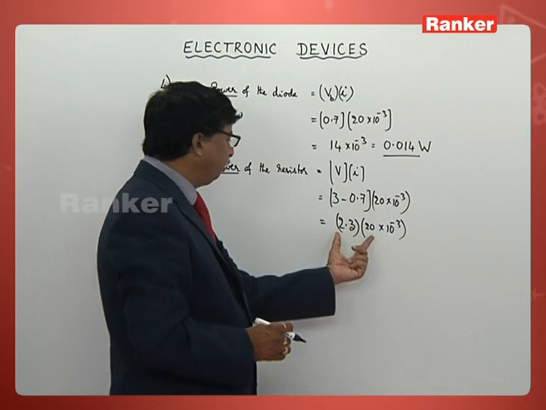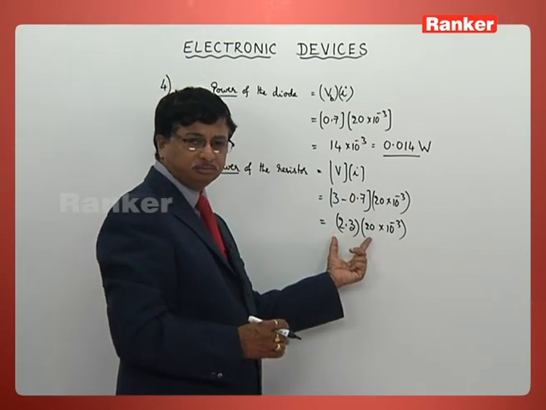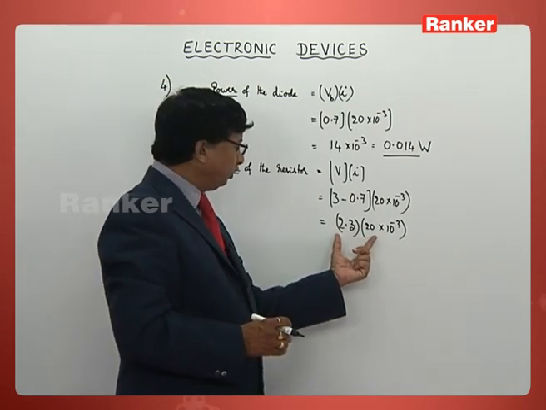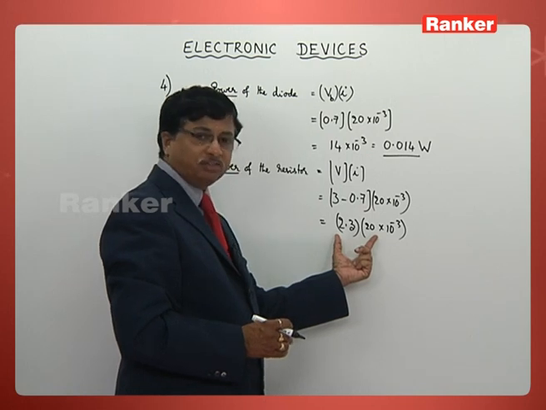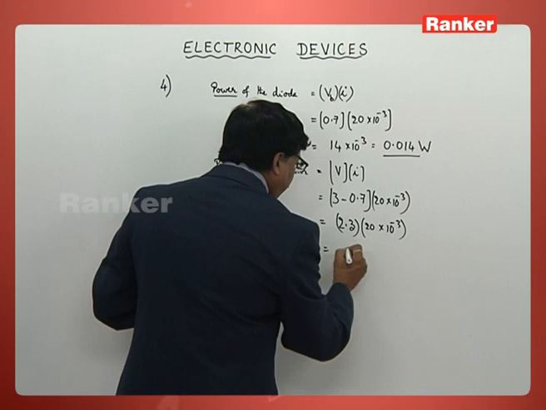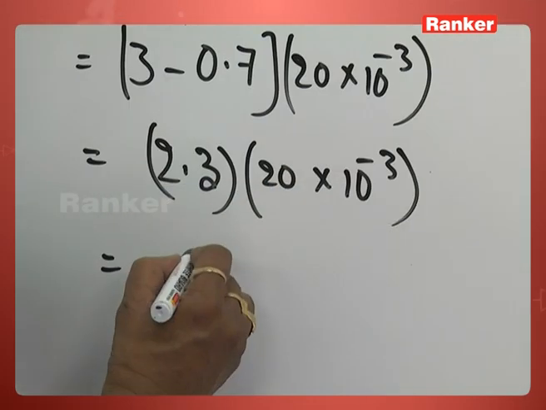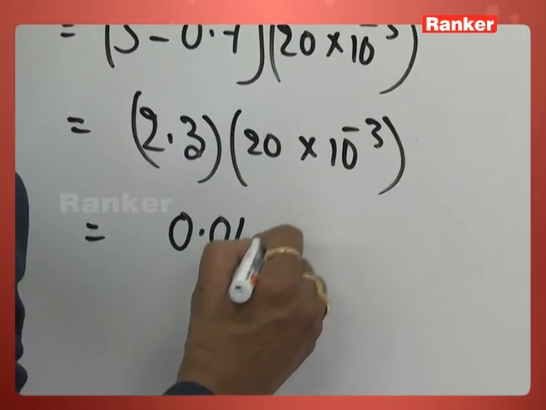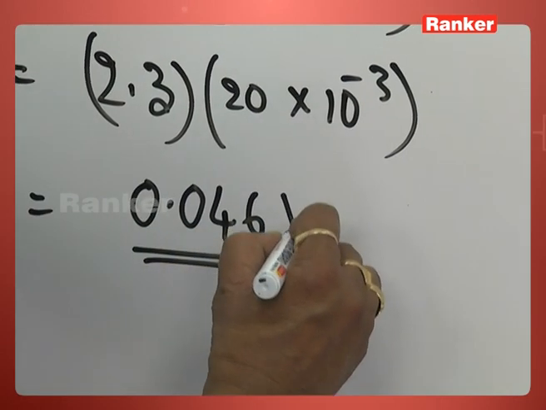2.3 into 20 is going to be 46 simply. You can directly understand that. 46 you will be getting, so this is to be taken as 46 into 10 power minus 3, that is 0.046 watt.